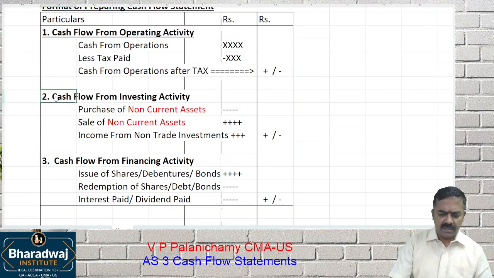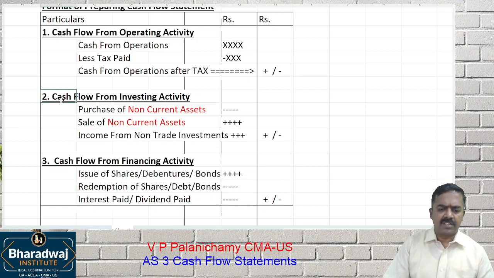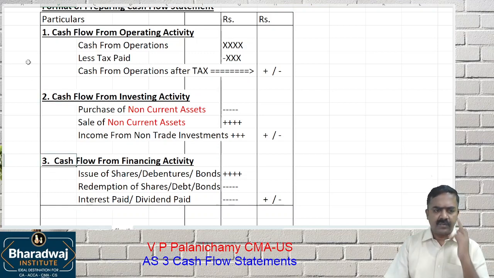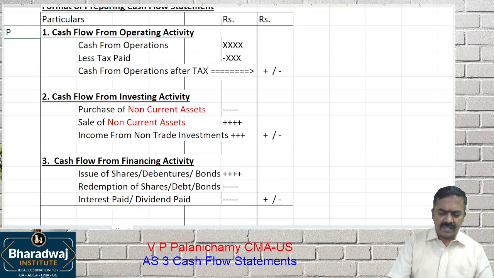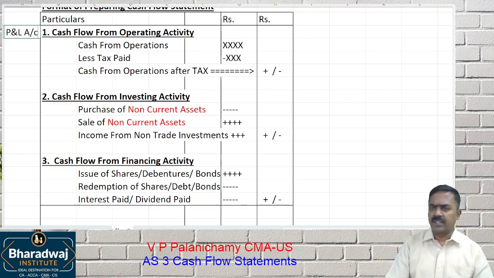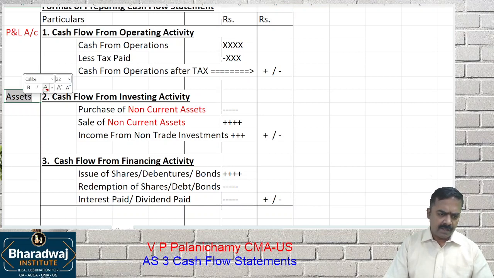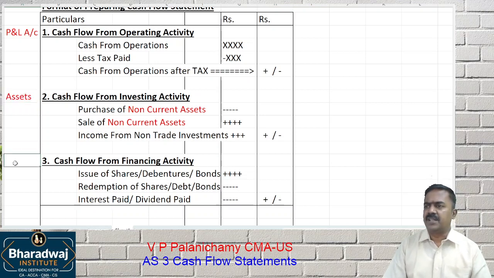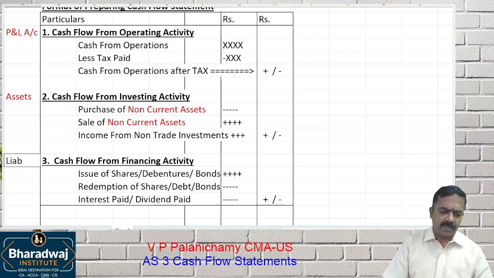3 activities. As I said earlier, operating activity, investment activity, and financing activity. Operating activity is to do with the P&L account base. The information we will take from the P&L account. Investment activity is to do with assets, balance sheet assets. Cash from financing activity is to do with liabilities.